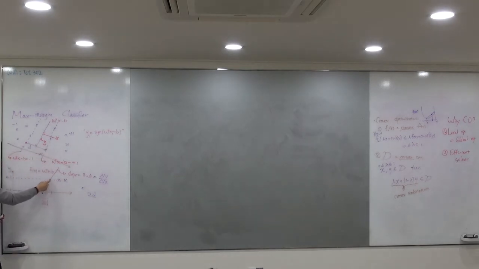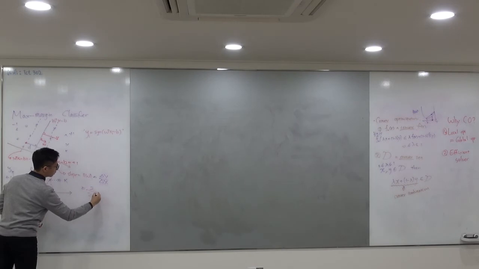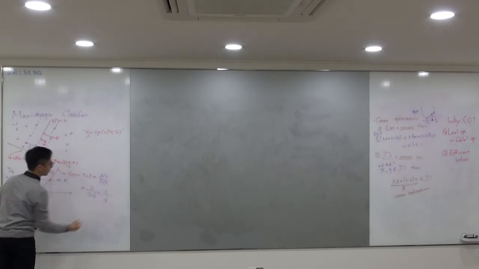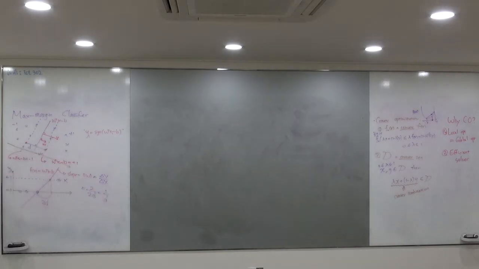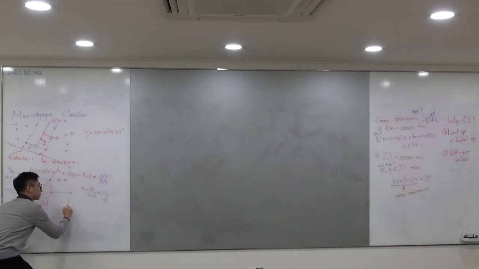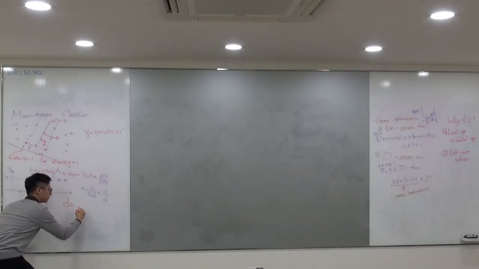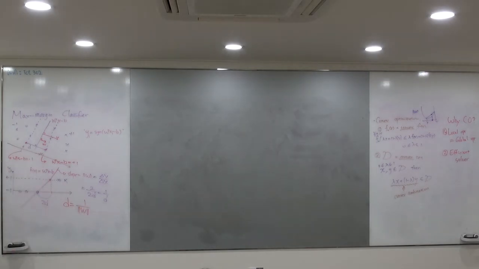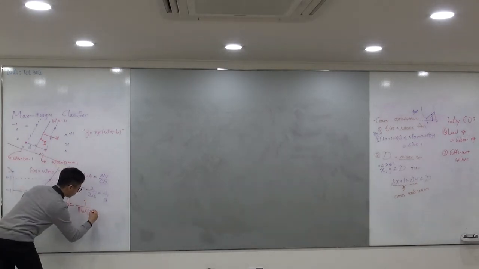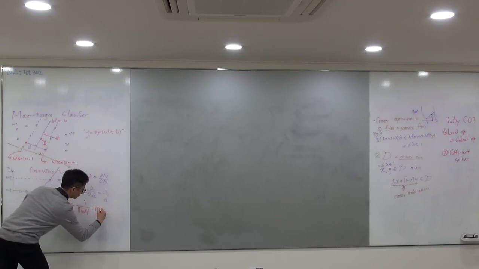The y increment is from -1 to +1, therefore 2. So the slope is 1 over margin. In conclusion, the margin can be expressed in terms of the norm of W: it is 1 over the norm of W. This is the size of the margin.